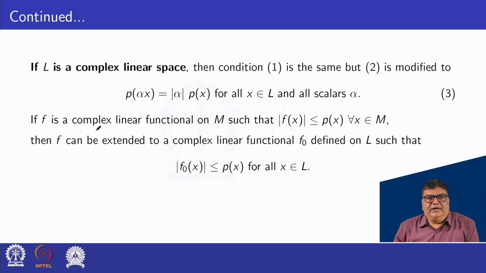If f is a complex linear functional defined on subspace M such that mod fx is less than or equal to px for all x belonging to M, then f can be extended to a complex linear functional f0 defined on the whole space L such that mod f0x is less than or equal to px.